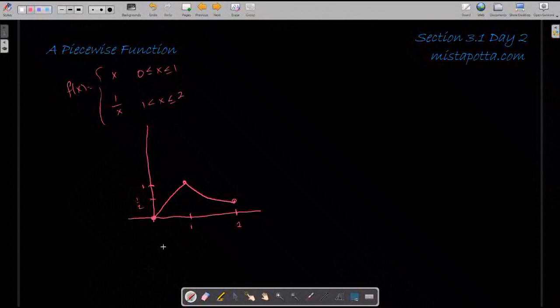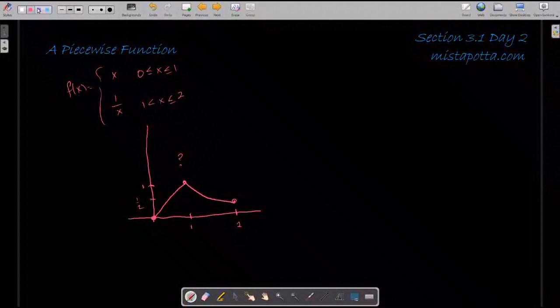And so my question is, I want to analyze the behavior of what's going on at this point, where these two pieces meet. So I need to take a look at the derivative of this top function on its restricted domain, and the derivative of this bottom function on its restricted domain.